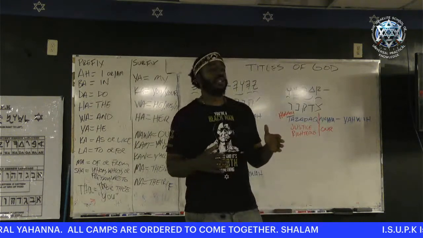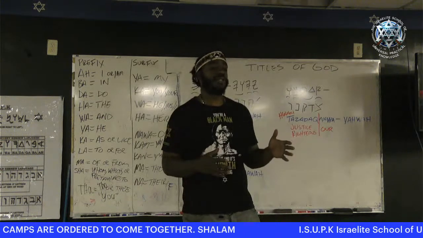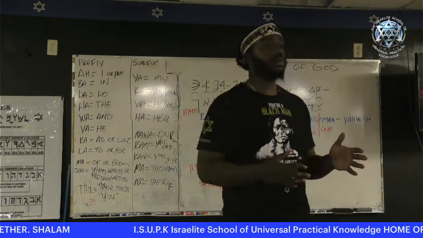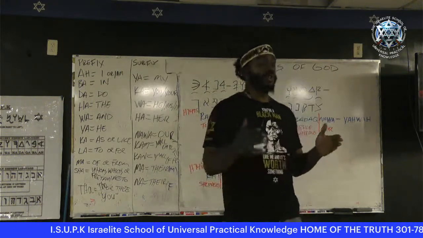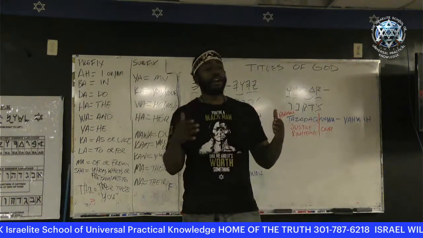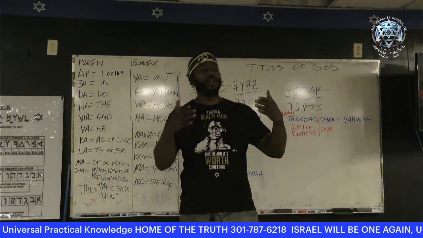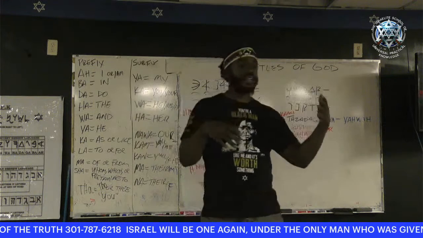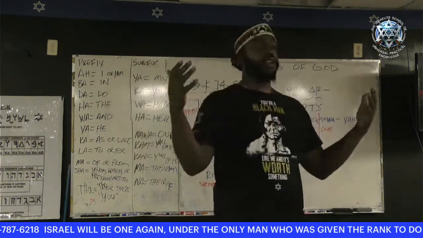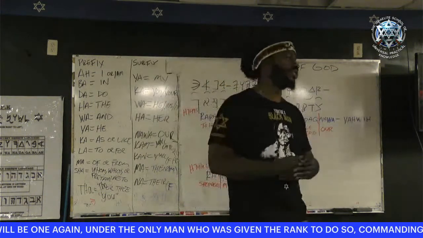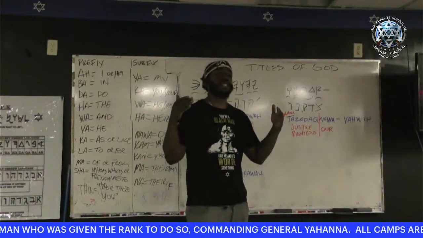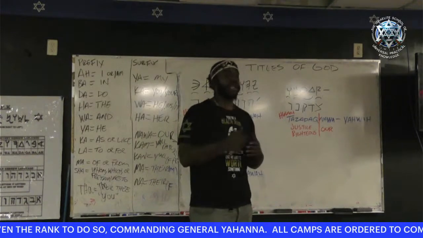So not only do we have a bastardized language, we have a bastardized metric system. Because if you notice when you go in your car, you have two different speedometers. You have the English standard, then you have the metric standard.